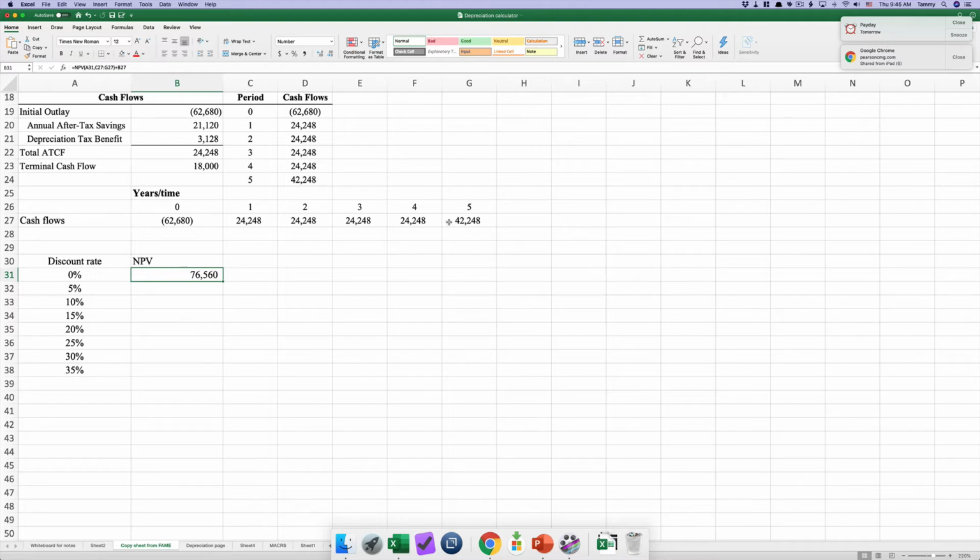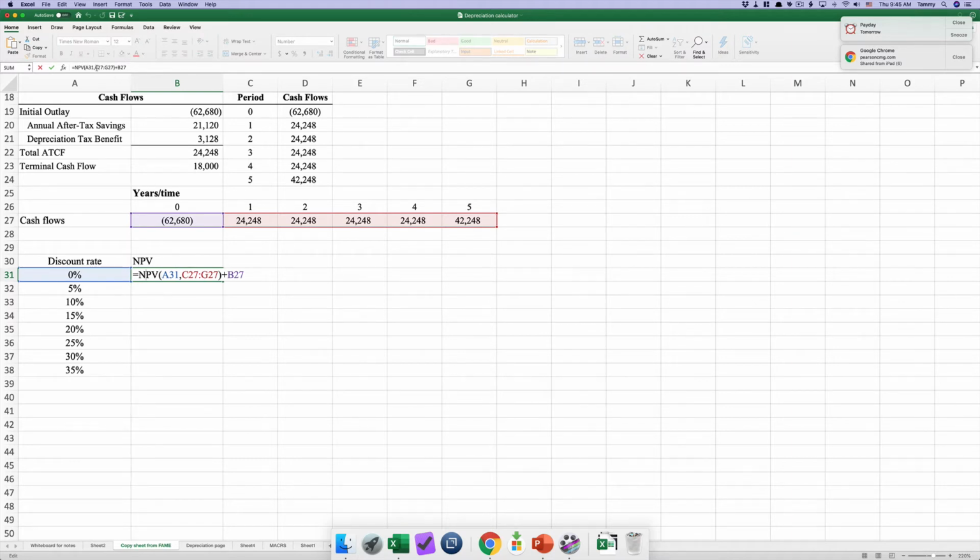And a zero discount rate means that this $42,000 here is the same as $42,000 here today. So you could literally just add up all these numbers and subtract out 62,670, and you would wind up with 76,560. Now, let's take a look at that formula and see if we can get lazy and drag it down, right?